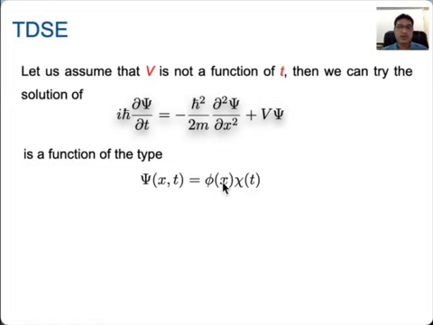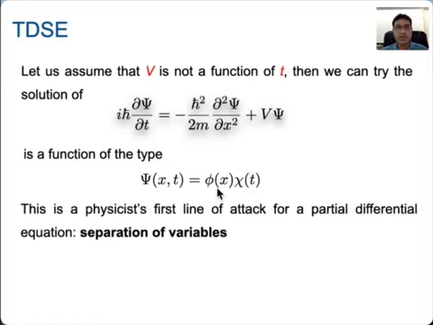This is what is known as separation of variables, which you will most probably see in coming classes of electromagnetism, where separation of variables is routinely used to solve different kinds of problems. So we can substitute this form of psi into this equation.